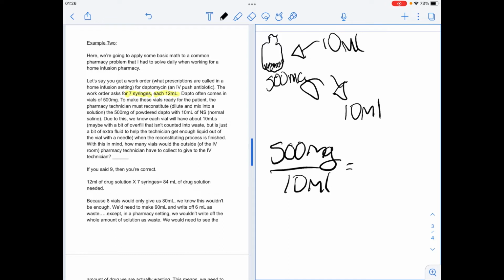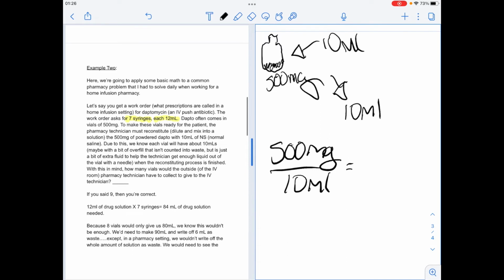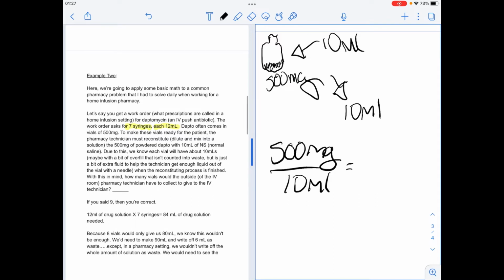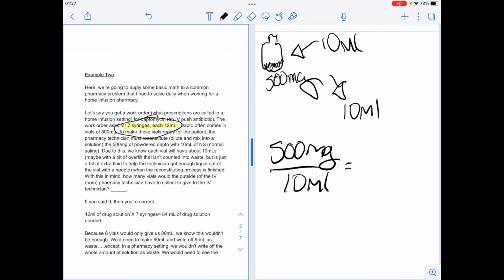First, we want to figure out exactly how much medication we need to even make. So right here's our work order. Right here. So 7 syringes, each 12 milliliters.